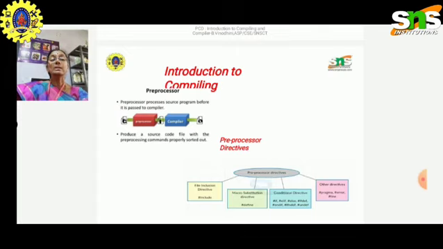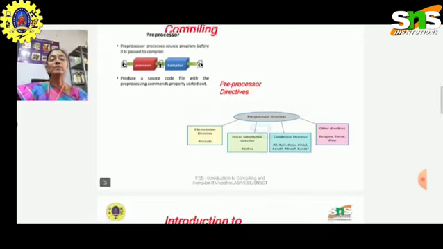Whenever the system sees the hash symbol, it expands that file and adds it into the source program. So the output of the preprocessor is a pre-processed high level language program, with header files and macro definitions added, which is given to the compiler.